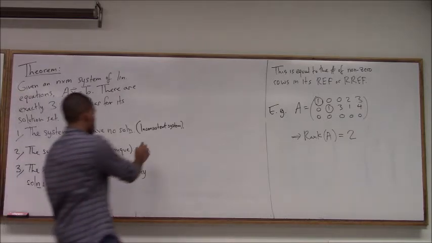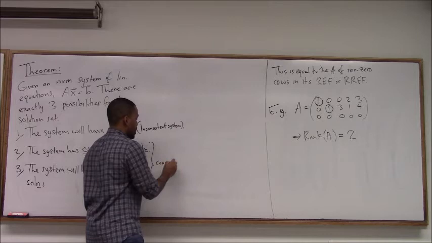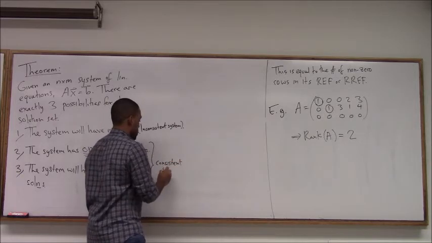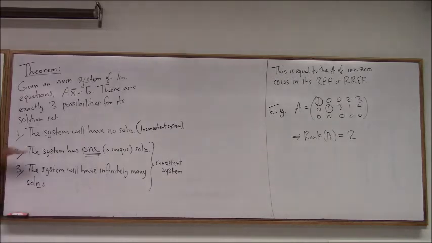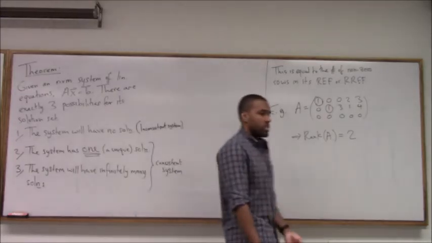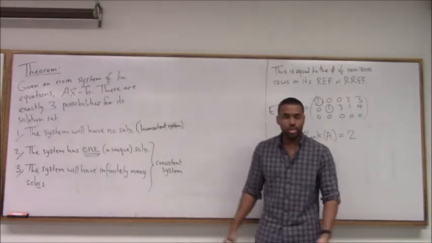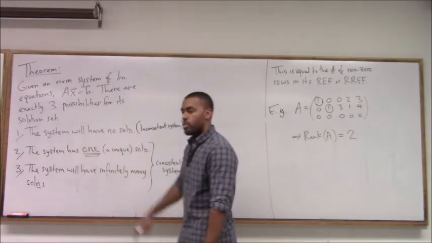And so these last two situations are a consistent system. A consistent system means it will either have one solution or infinitely many. There is no in between. You can't solve a system and have 3 solutions. It's not going to happen. You'll have none, exactly 1, or an infinite amount.